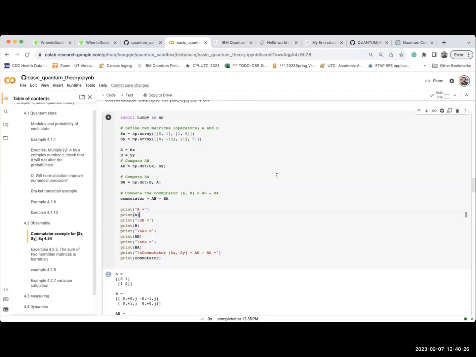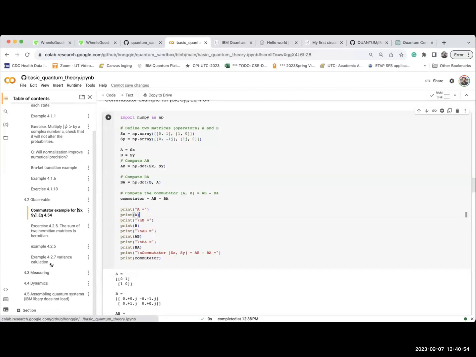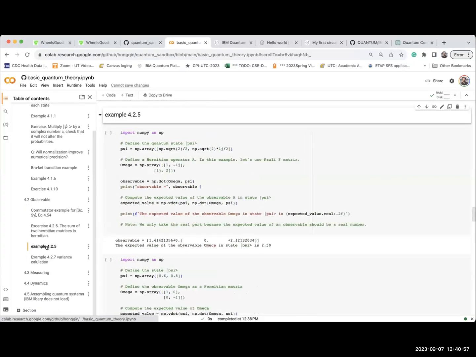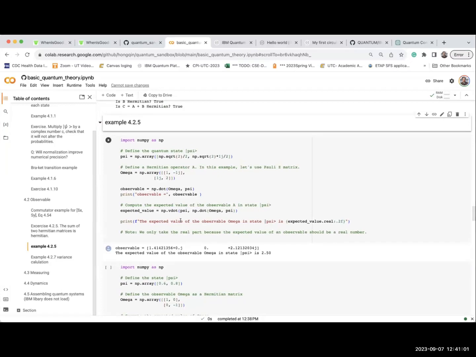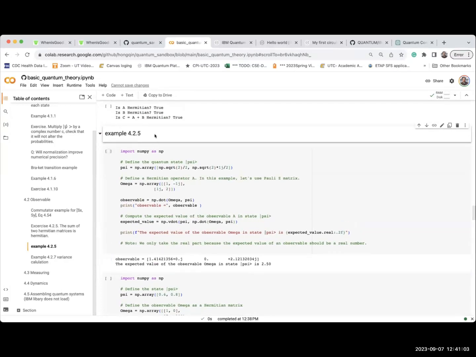Okay, so let me go back to my iPad to see the expected value and variance. That's right. And I think I also had a Python code to show that. Yes, I did. But let's first go over the basic definition.